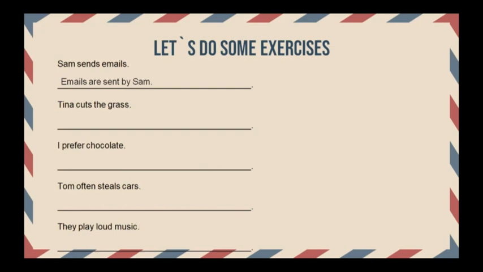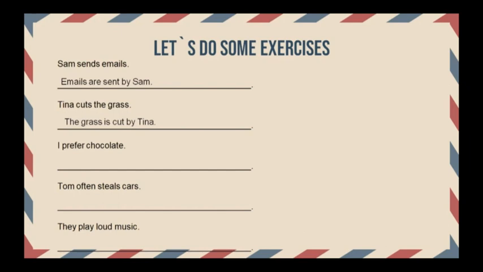Next one, Tina cuts the grass. Tina is a subject, cuts is verb, and the grass is an object. Okay, so the grass is cut by Tina. Well done. Let's see the next one.